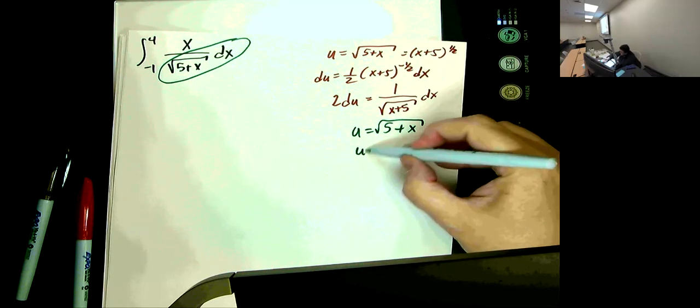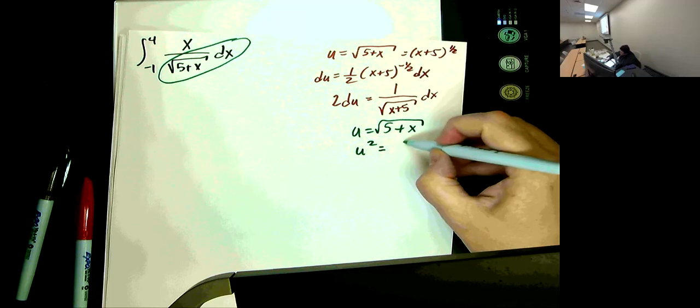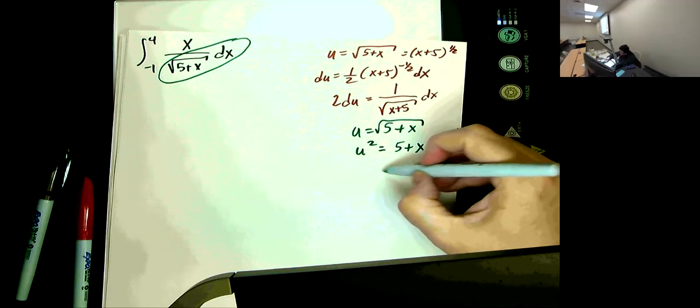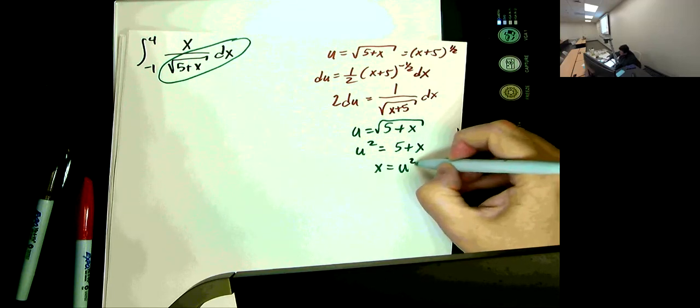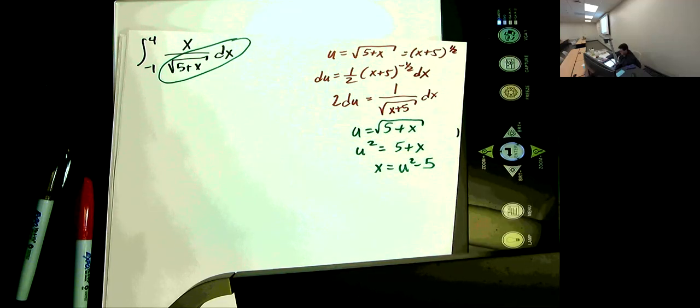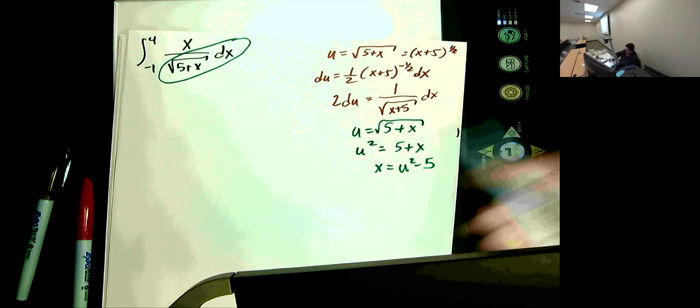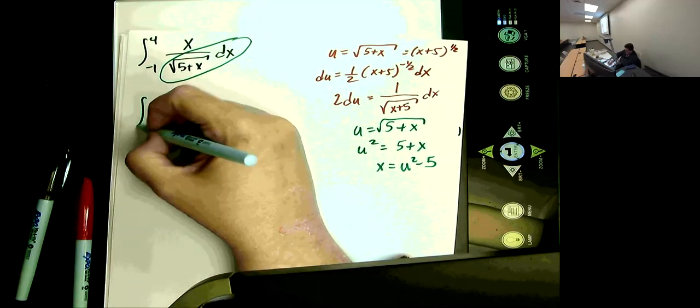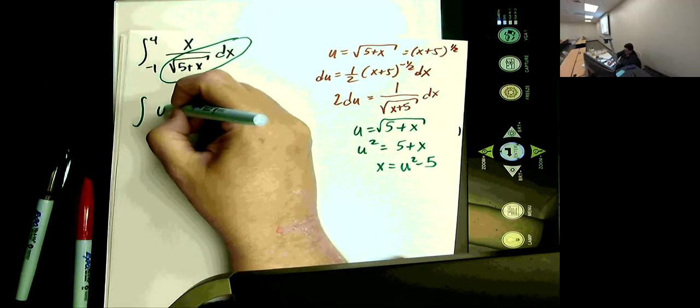If I square both sides, I've got x equals u squared minus 5. So I could write this as u squared minus 5 du.